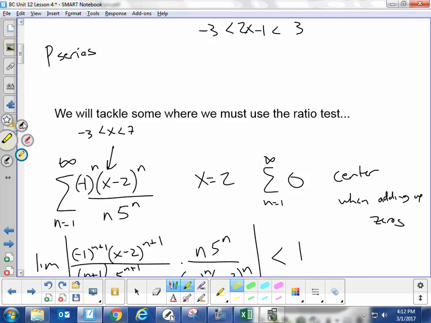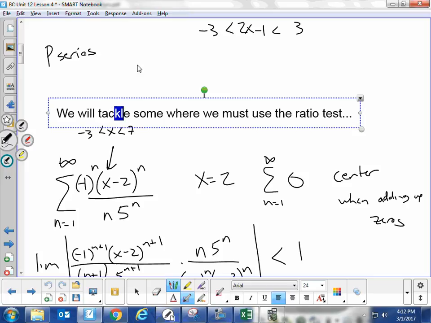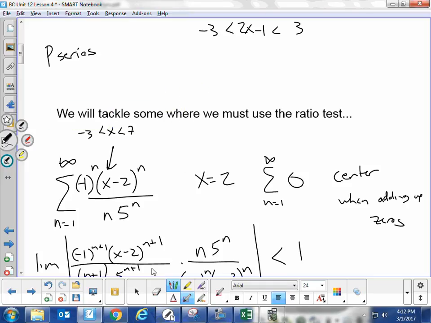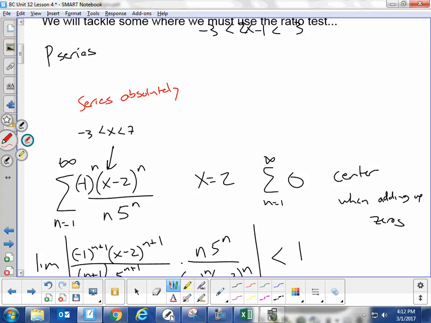We would converge, this series right here would converge absolutely between negative 3 and 7. But could there be a situation where I conditionally converge?